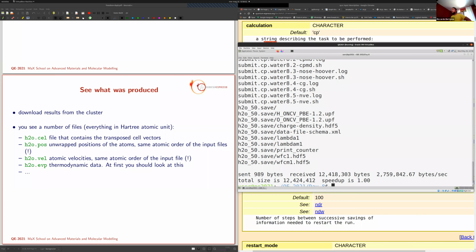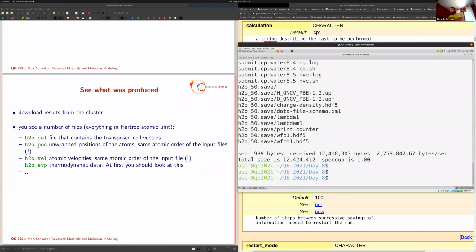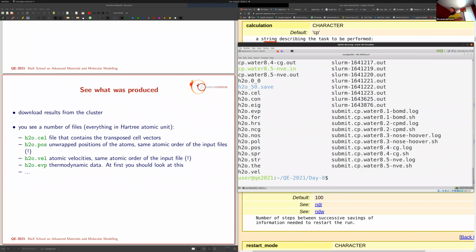So let's have a look at this. Just have a look for the moment. Later we will plot it. Let's start with the cell file. You see, this is the prefix H2O. The cell file is very simple.